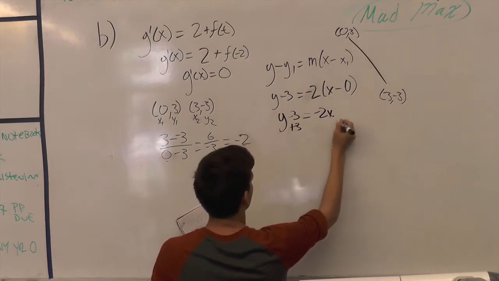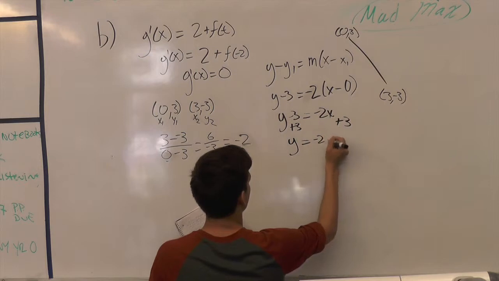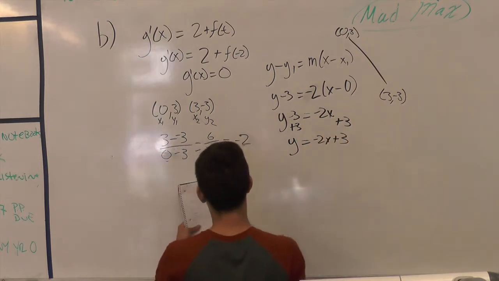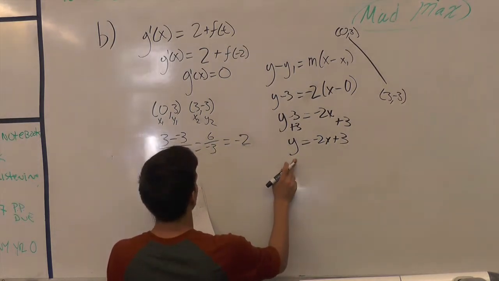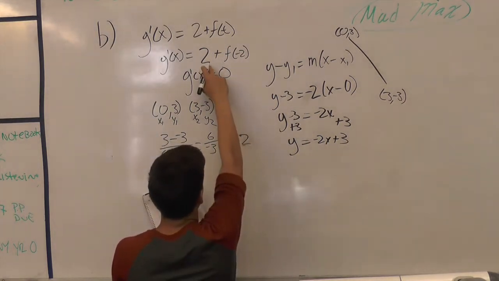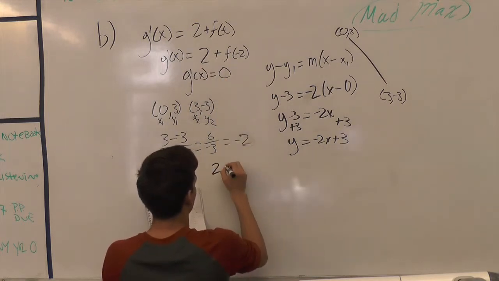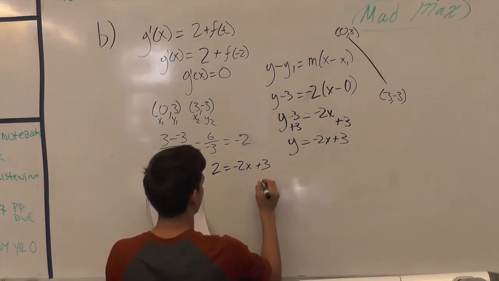Add 3 to both sides: y equals negative 2x plus 3. You make y equal 2 in order to make g prime of x 0. 2 equals negative 2x plus 3.